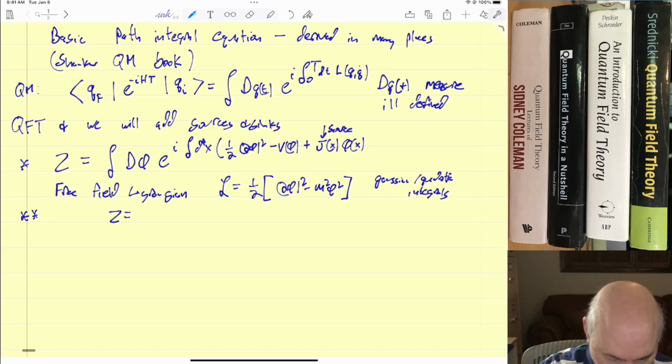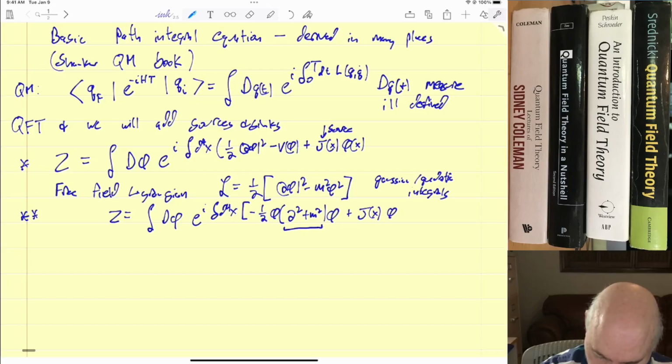Z is equal to the integral of d phi e to the i, the integral of d^4x. If we integrate by parts here, we can put it more in a matrix type of form: minus 1/2 phi (partial squared plus m squared) phi. So now you can see this is like a matrix. And this formula is well known, plus j(x) phi(x).